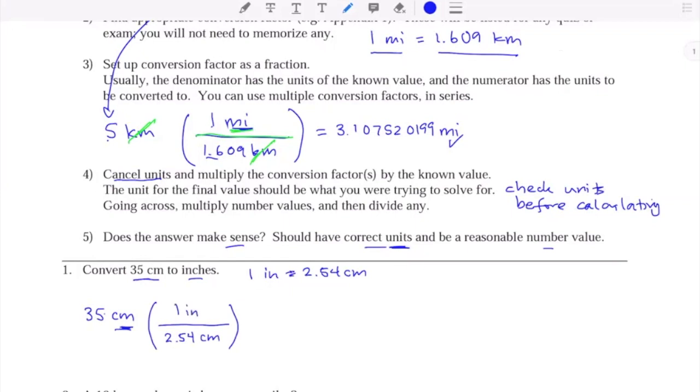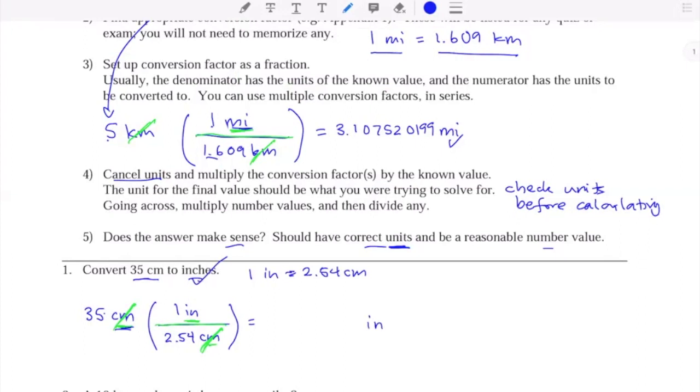That's what it's equal to, and that's because my goal is to cancel out centimeters and centimeters, which has to be numerator, denominator. In the fraction, the cm is on the bottom, which leaves inches. That's good because that's what I'm trying to solve for. So I can write an equal sign, leave some space for the number value, and write the units.